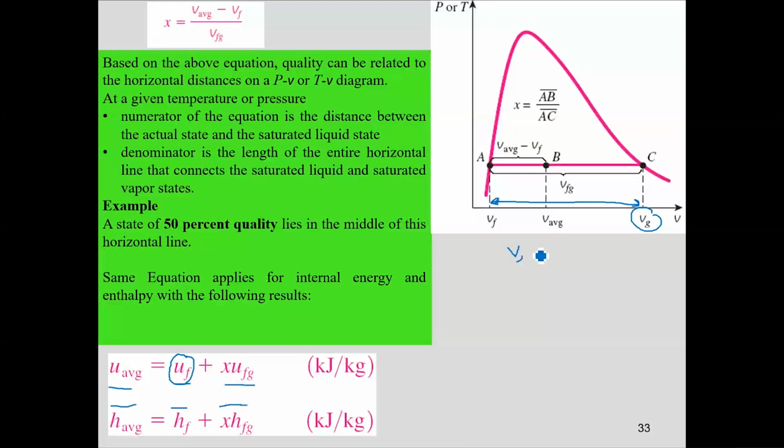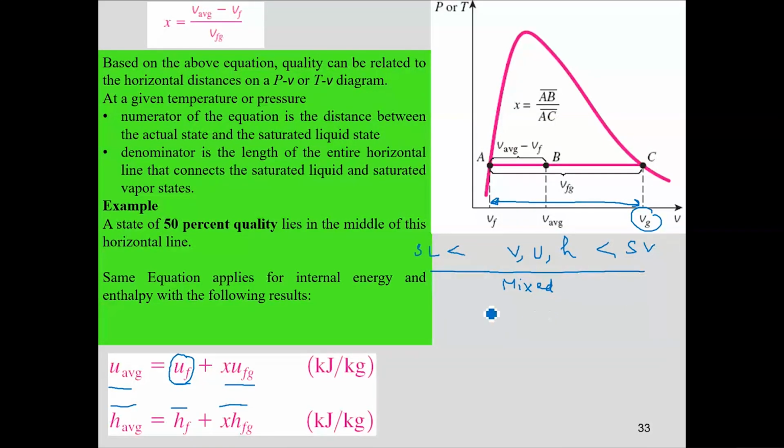All right. Now, we say that if your specific volume, or let's say internal energy or enthalpy values, are greater than that of saturated liquid and less than that of saturated vapor, I am in which region? Where both exist as a mixture. Very good.